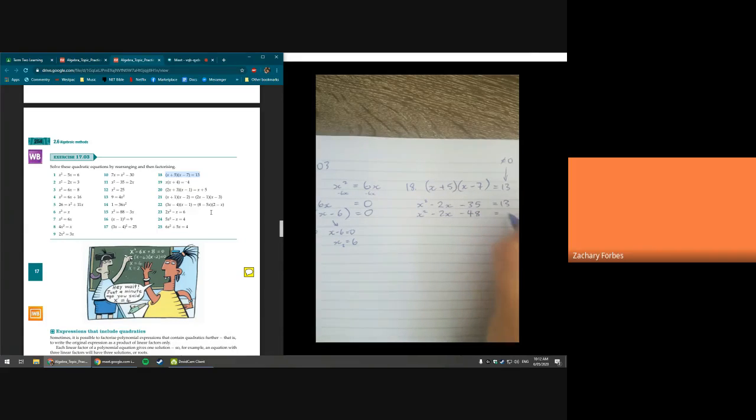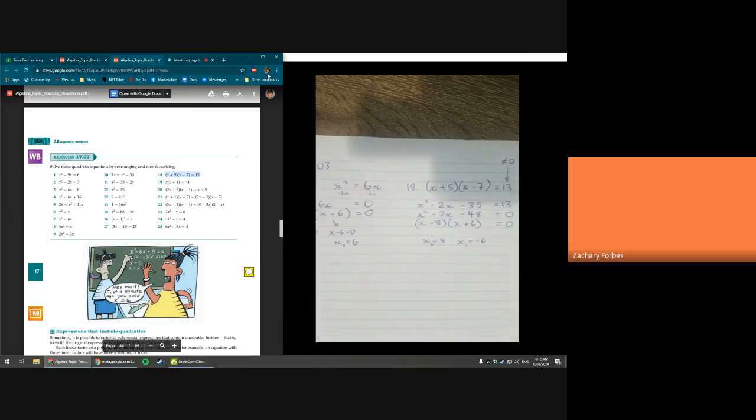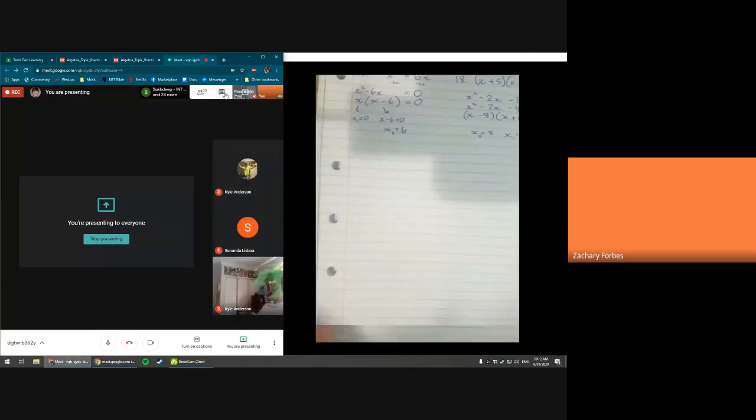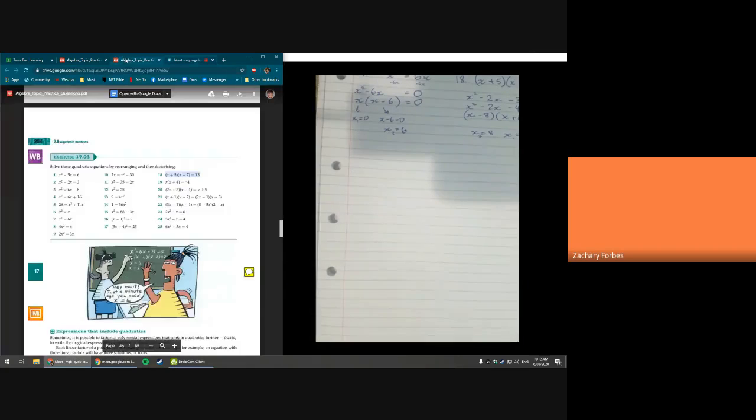Perfect. 48, and we need to get a 2. 48, is that 8 times, wait, 8 times 6, I think? So it's going to be x minus 8, x plus 6 equals 0. Then you get x equals 8 or x equals negative 6. That one's smaller. Sorry, I have to rush a little bit. The part of the concept that actually is more important to you guys has already been done. Let's push on.